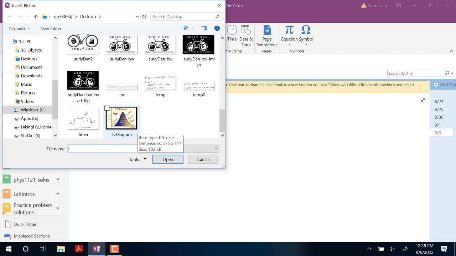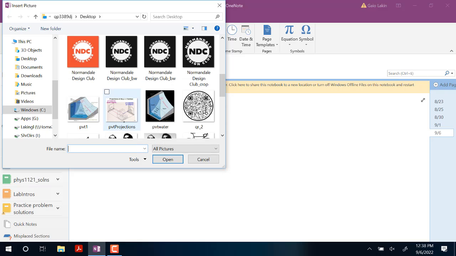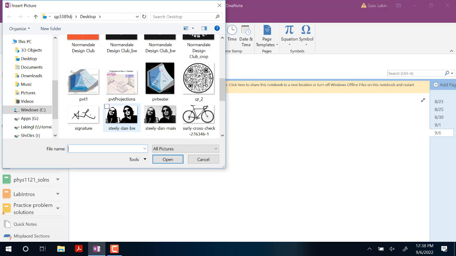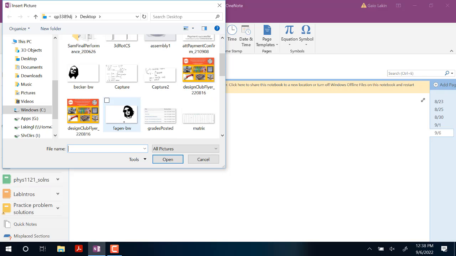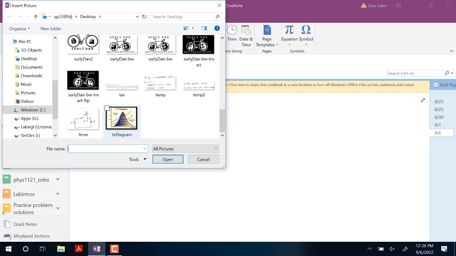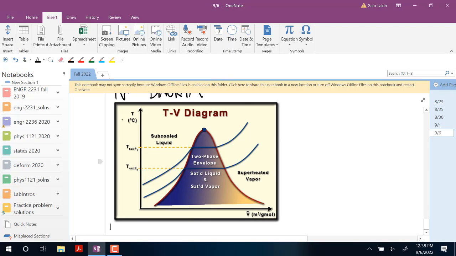That is not the one I was hoping for. But I guess that's okay. Okay, so let's see what's happening. So you can see the vapor dome there in the middle. That represents the phase change between liquid and vapor.